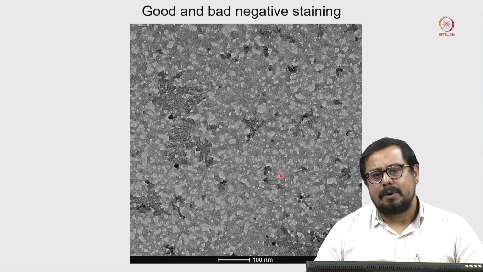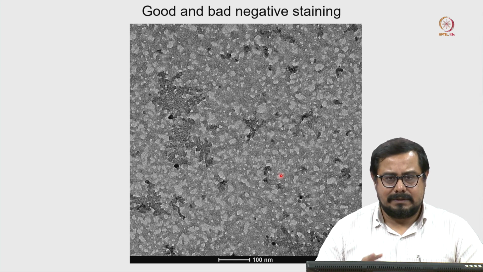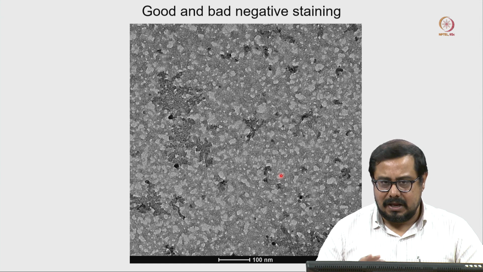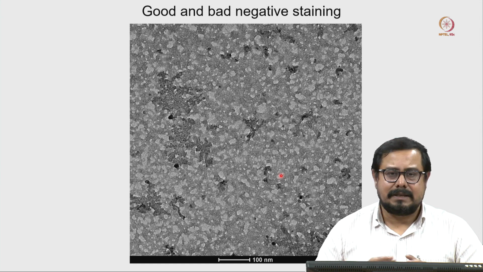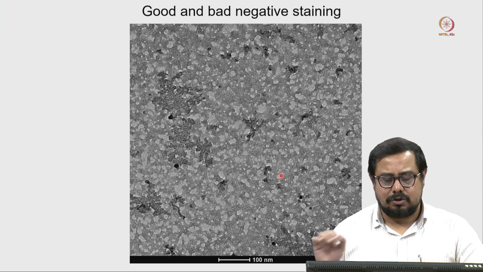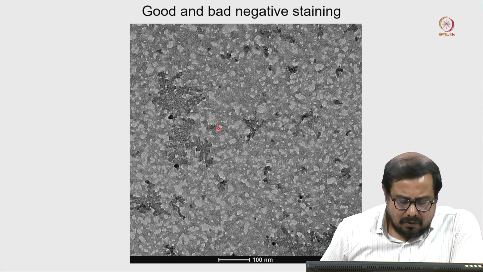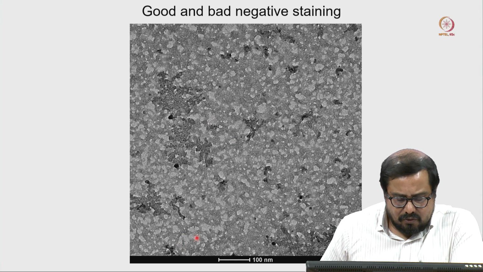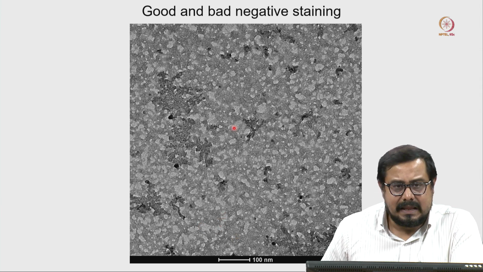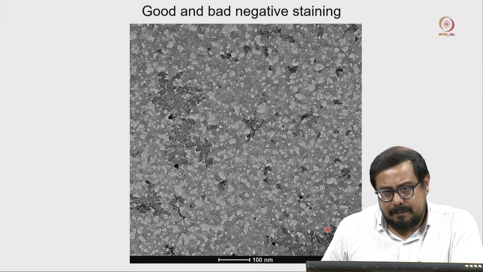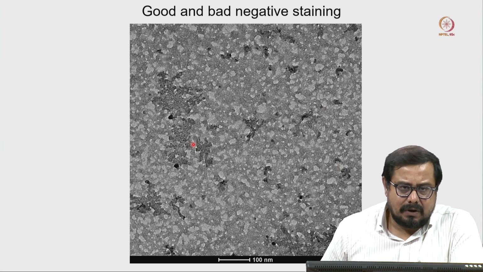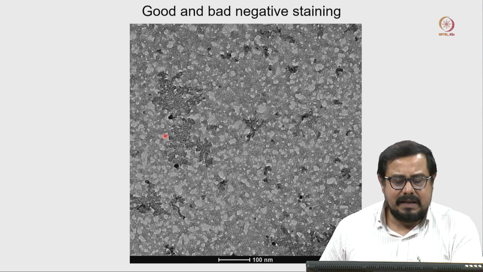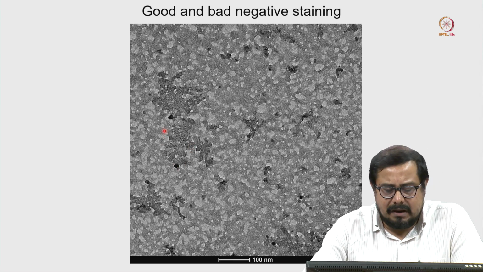Later on we will discuss different types of cell imaging, including bacterial cell or mammalian cell imaging. Now if you look at this particular image, you can see a lot of white patches in different areas, as well as some black patches in this area and this area also.